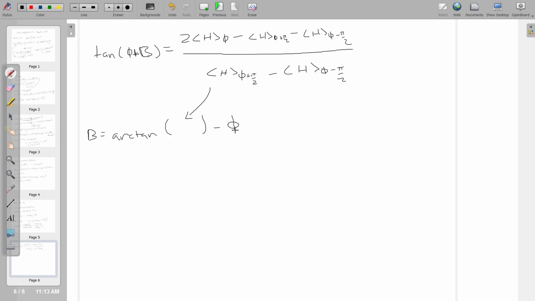minus that. And so if we want the minimum value, remember that the minimum, it was negative pi over 2 minus b, which is equal to negative pi over 2 minus this arctan term plus b.